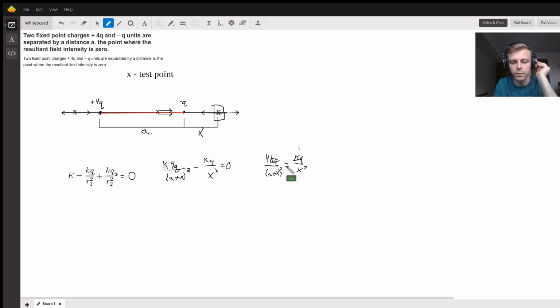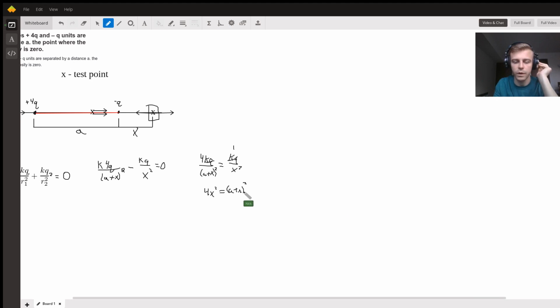I'm going to multiply the X squared over here and the (A plus X) squared over there. So what you end up getting is 4X squared equals (A plus X) squared. Then you can square root that. On the left side, you get 2X, and on the right side, you get A plus X.